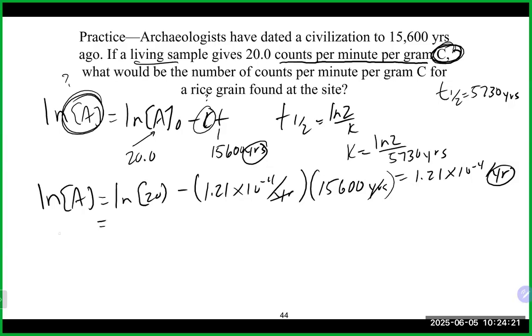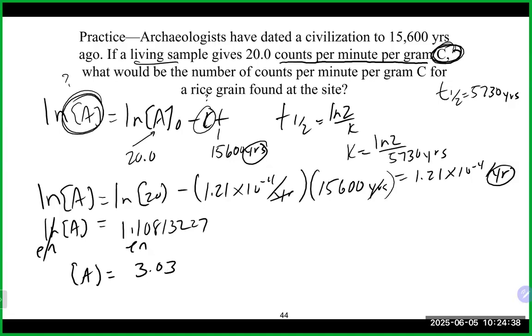And we're going to get the natural log of A is equal to 1.108132227. We're going to e both sides. That gets rid of the natural log over there. And we'll get 3.03. Now, the units here are going to be really the same as our initial. So this would be counts per minute per gram of carbon in this case here.